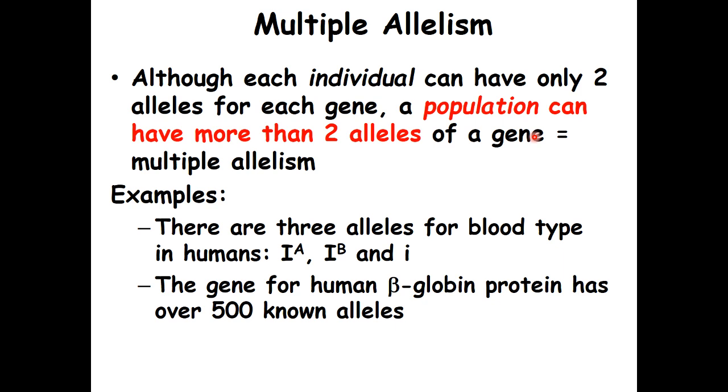The other example is human beta globin protein, and you actually did a search on the government database site for this protein. There are 500 different alleles in the population, but once again, each individual can only get 2 out of the 500. So you can see how many combinations you can get in a population.